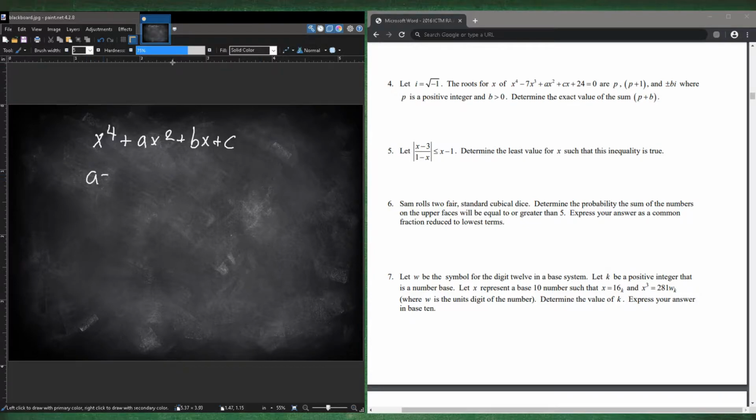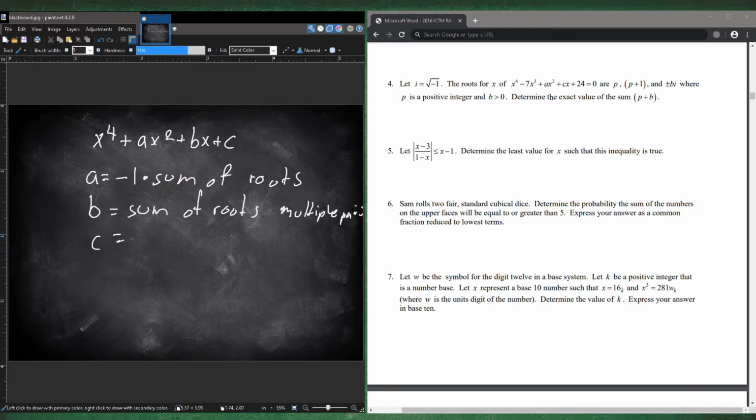A is equal to -1 times the sum of the roots. B is equal to the sum of the roots multiplied together in pairs. And the constant is just the product of all the roots.